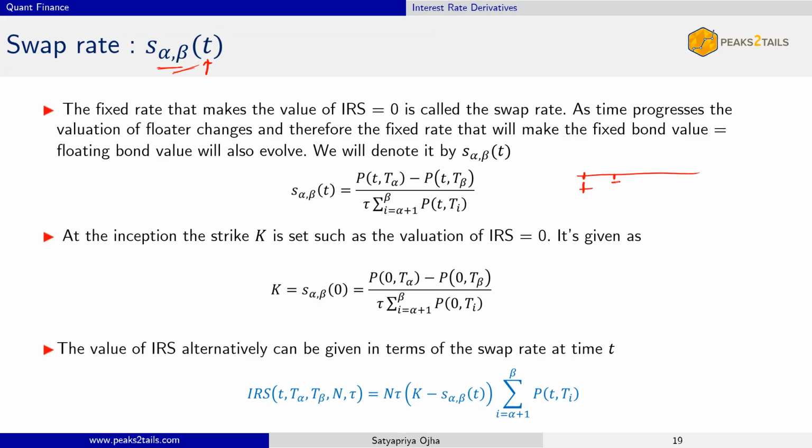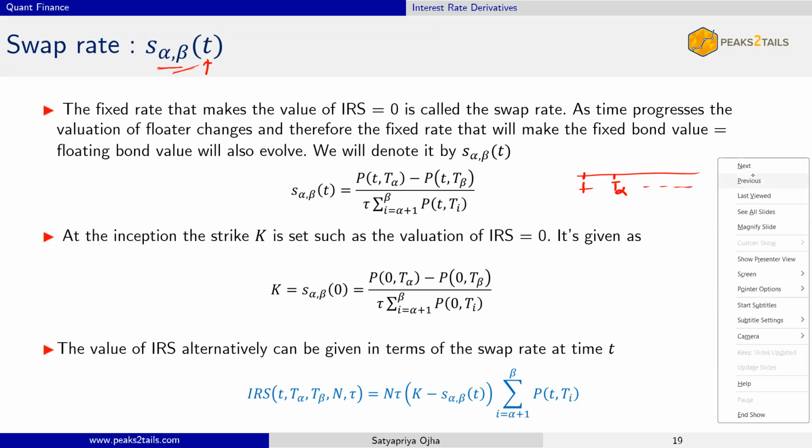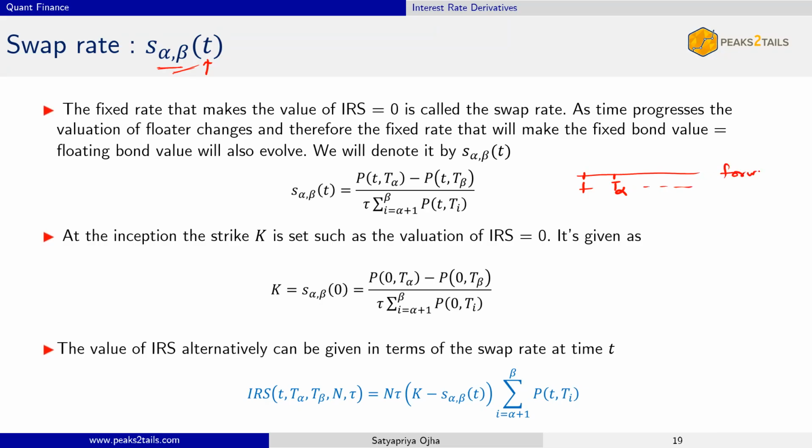If your T is here, T alpha is here, right? This is called a forward swap. Because your payments start, you can think of this like this. The first reset date is in the future. Payment will start here, floating, fixed, whatever, forward swap.